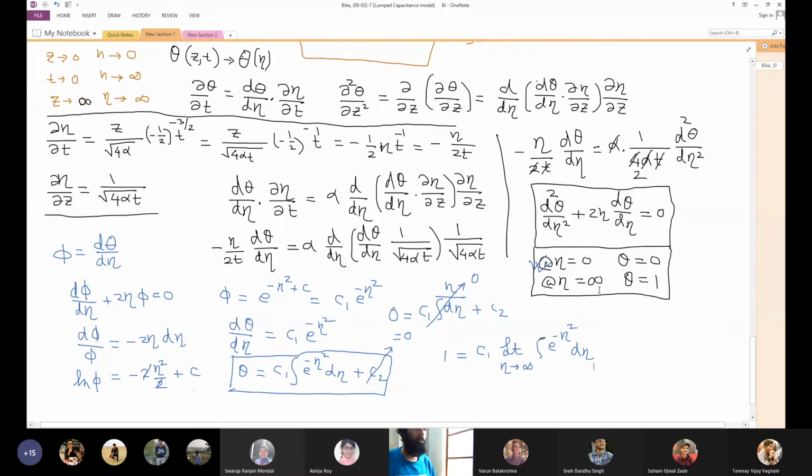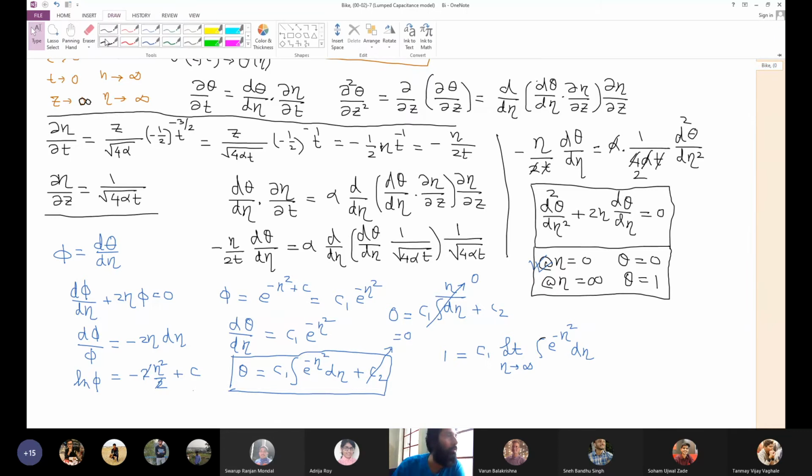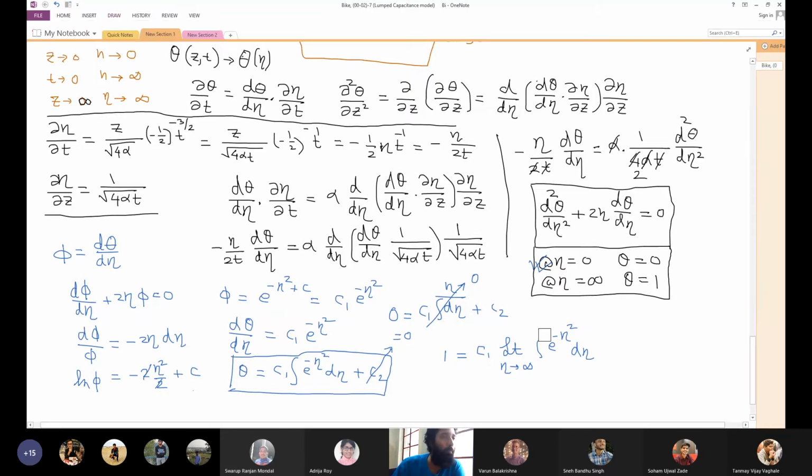Theta equals to 0 is for eta equals to 0. Okay, so 0 equals to c1 integration of this. Let me do this in a little bit more steps.